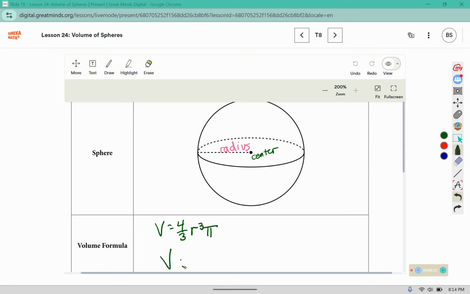Remember, the V is the volume, R is the radius, and then the pi symbol, which is about 3.14 if we're asked to approximate.